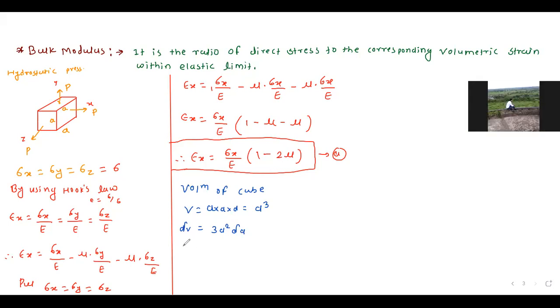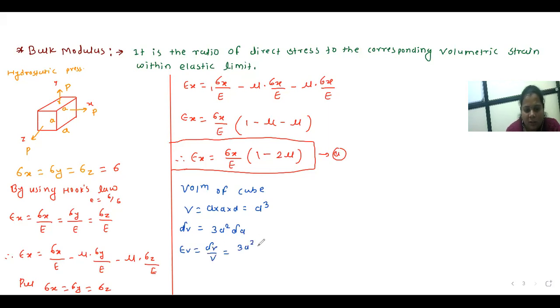Now we will find out epsilon V. Epsilon V is equal to del V upon V, so 3 A square del A divided by A cube. Here A square and 2 times A get cancelled. What is remaining?